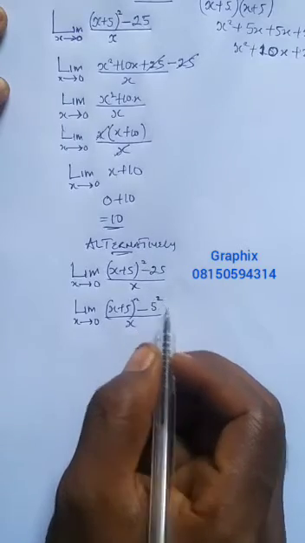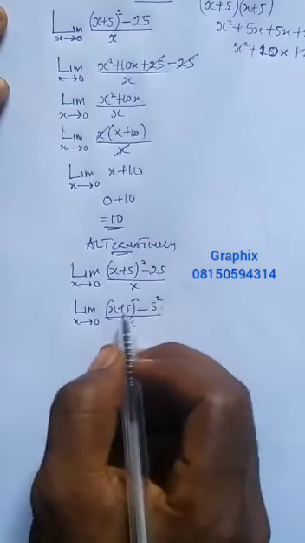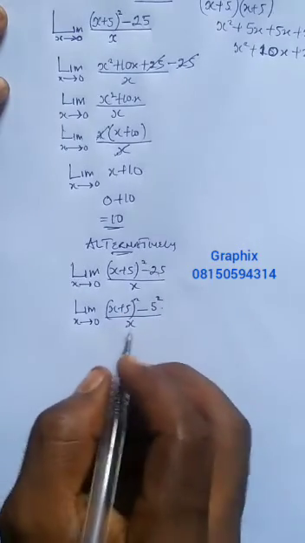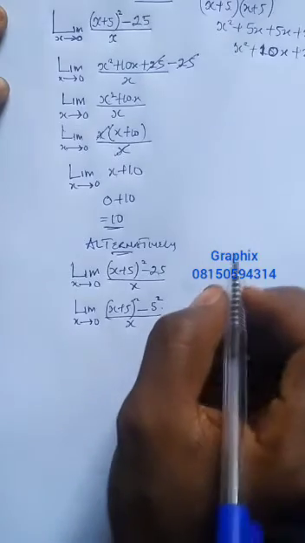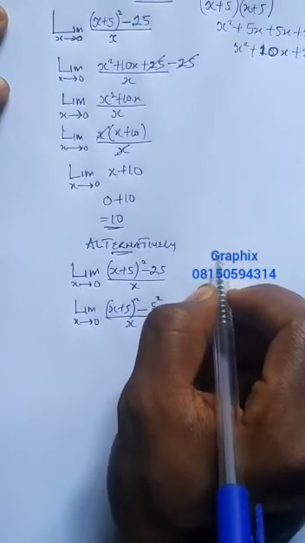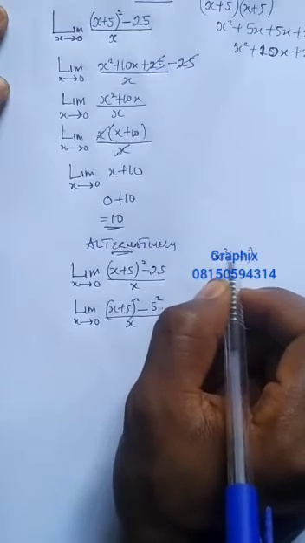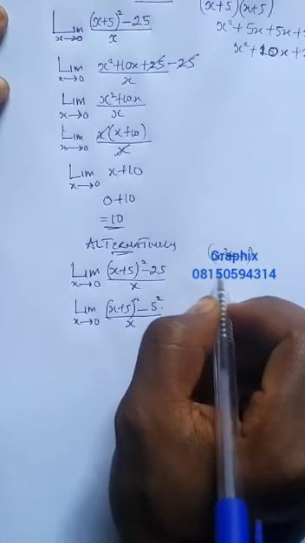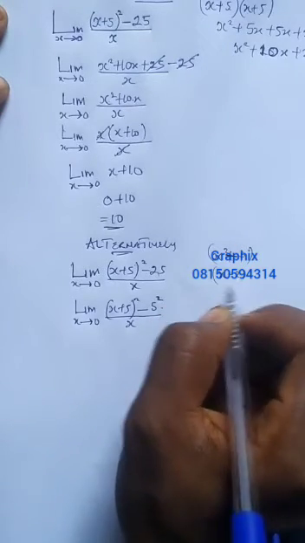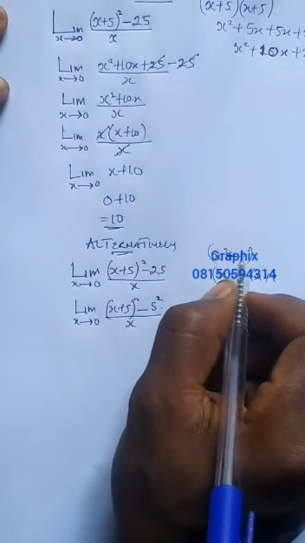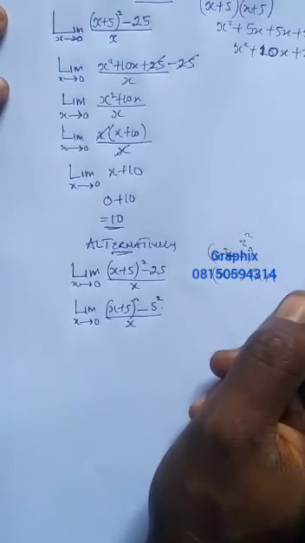Now what do you notice? This 5 also has a square, which is giving 25. This is a difference of two squares. And you know that when you have a difference of two squares, like x squared minus 4, it gives me (x minus 2)(x plus 2), because this 4 here is 2 raised to the power 2. Are we good?